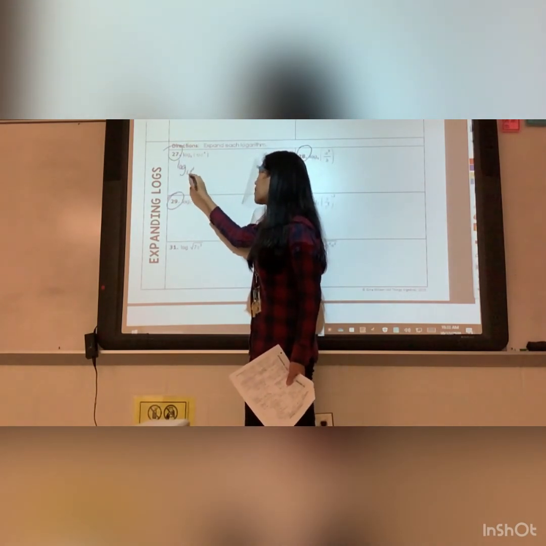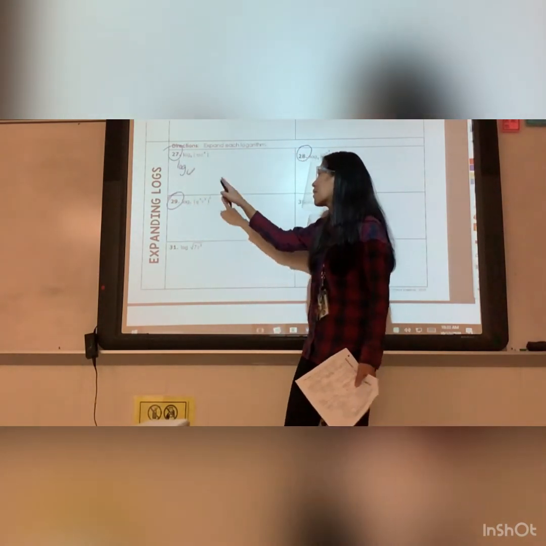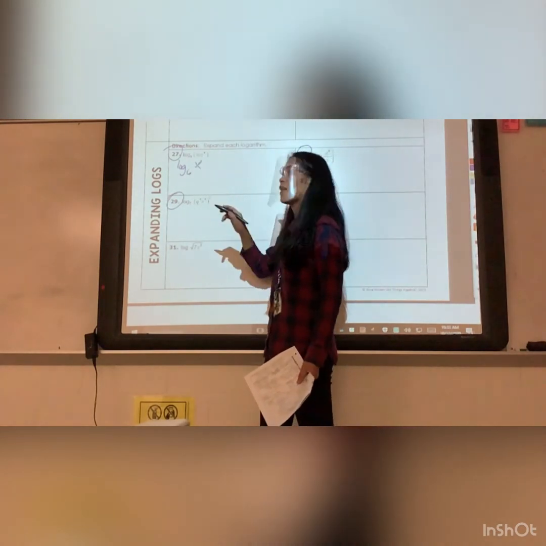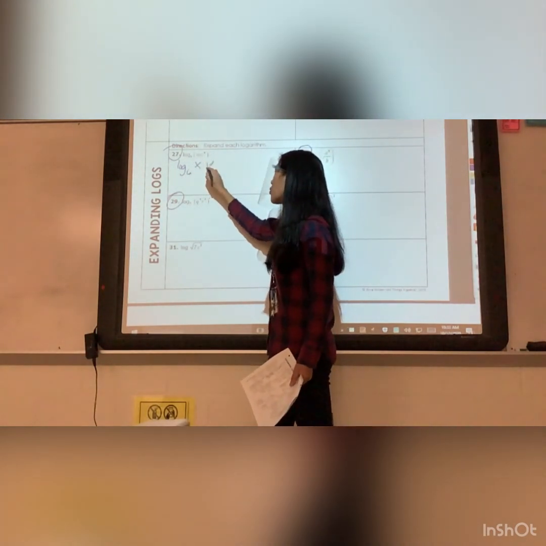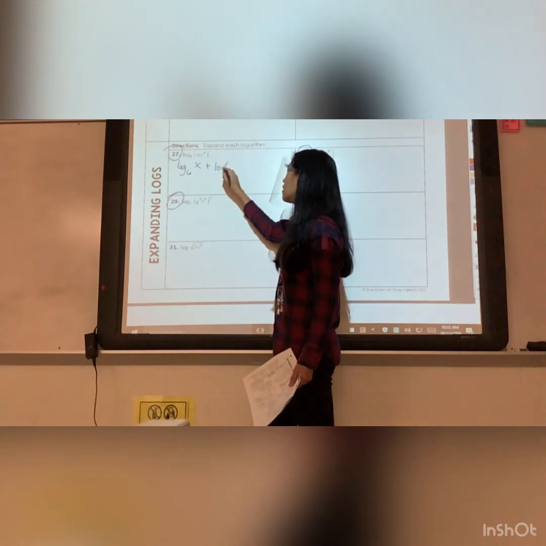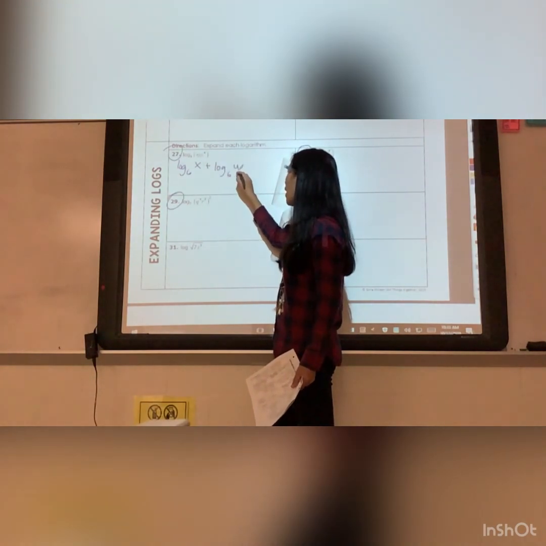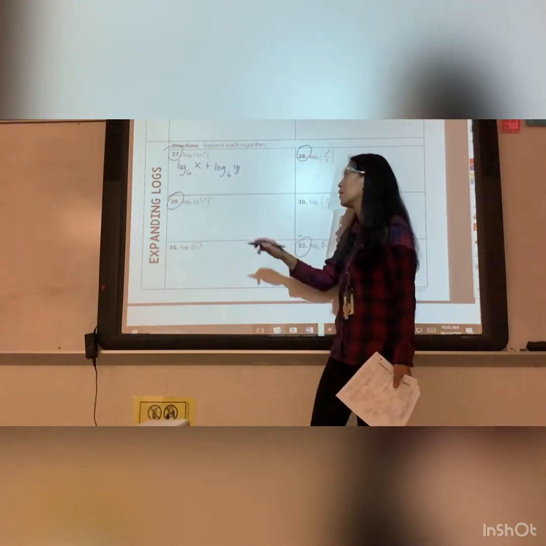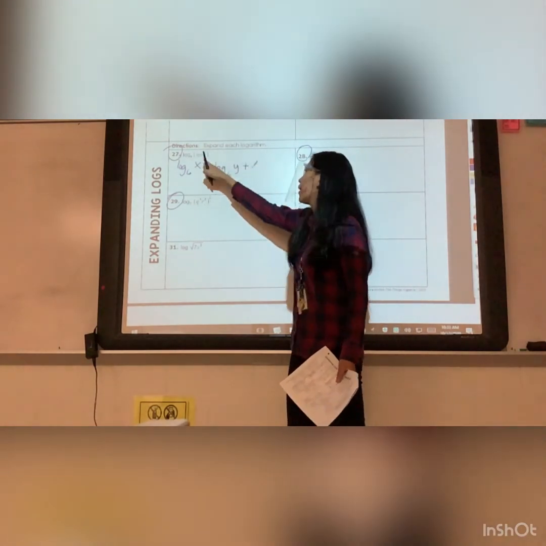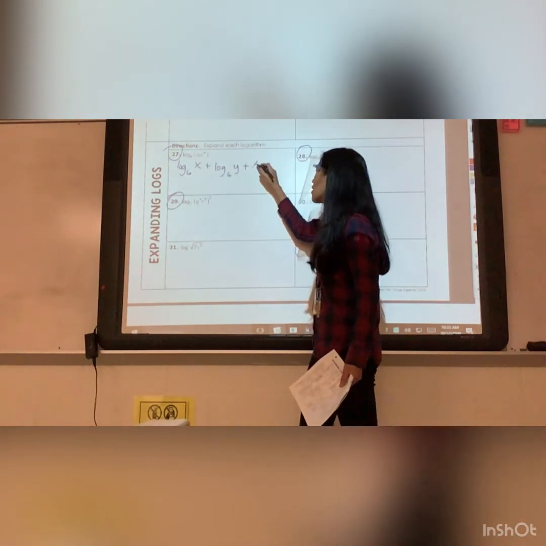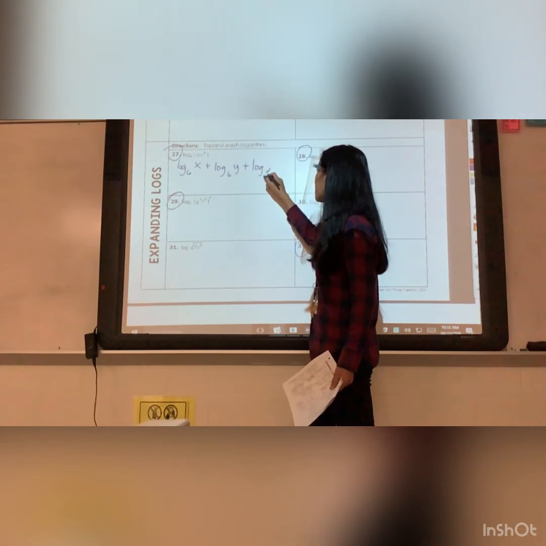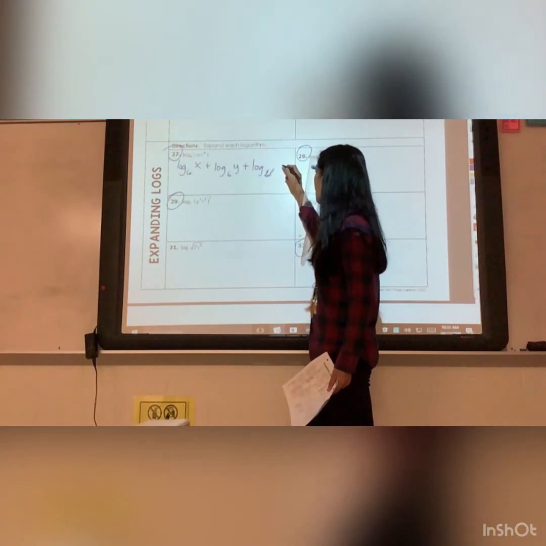Log base 6 of x, it's multiplication, so you add log base 6 of y, plus, in here you have z. So let me write it like this. This is 6, and then you have z to the 4th.